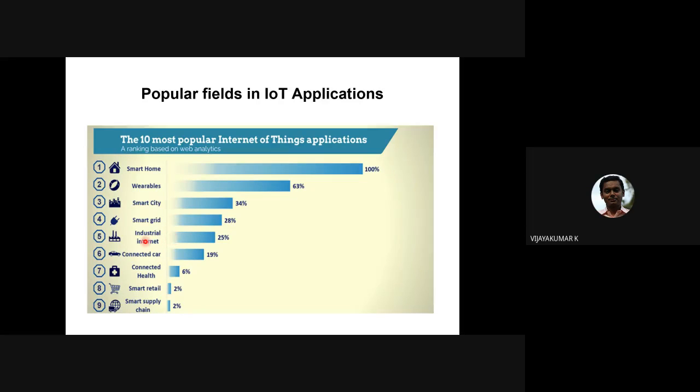At the same time, because of this IoT, we are having a lot of technology change in every field, right? That's what I want to convey here. One of the fields is the smart grid. Smart grid also has applications of these IoT devices.